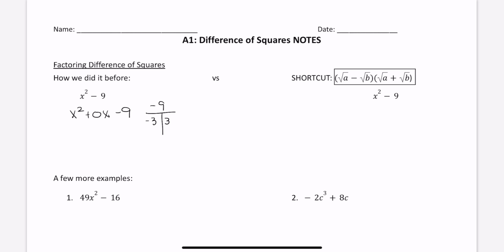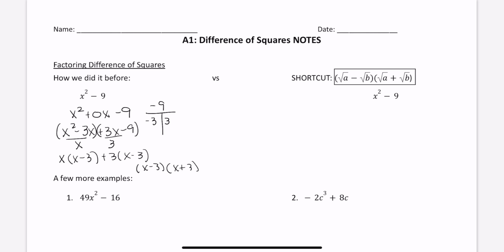So then we would have our x squared minus 3x plus 3x minus 9, factor by grouping, factor out a greatest common factor of x and 3, and we would be left with x times x minus 3 plus 3 times x minus 3. So you can notice that our final answer would be x minus 3 times x plus 3. It's going to have the same terms, so x and 3, but one's plus and one's minus.